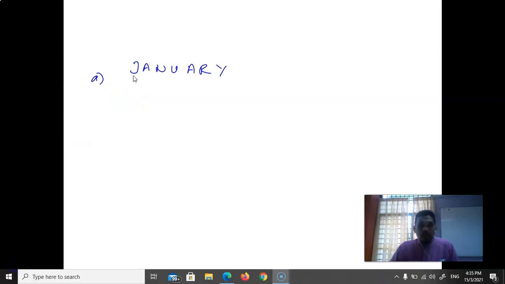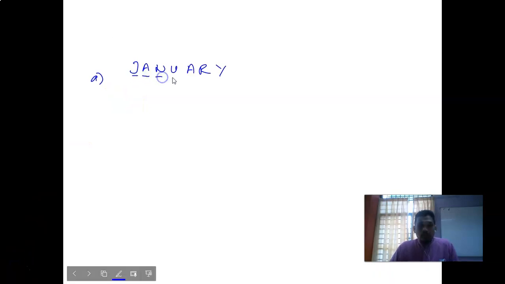For question A, from the word January, arrangement with 2 letters of A. There are 1, 2, 3, 4, 5, 6, 7, so the number of letters is equal to 7. From these 7, we arrange 3 letters.